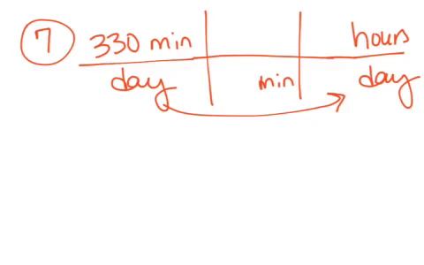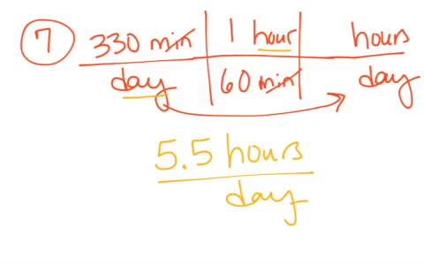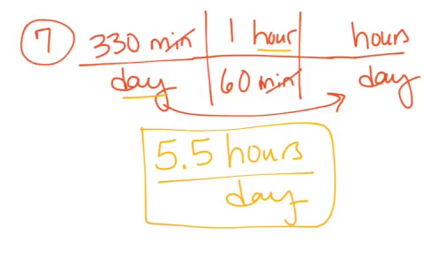So we know there's 60 minutes in 1 hour. So my minutes cancel, but my hours and days don't. So we could write that as, once we multiply across and divide, it's 5.5 hours per day. Both units have to be left in our answer. You have to leave what doesn't cancel out.